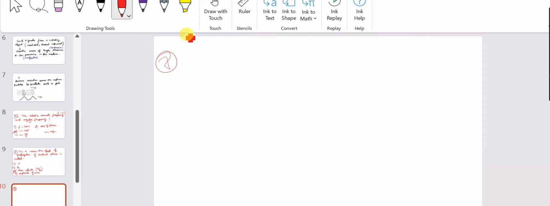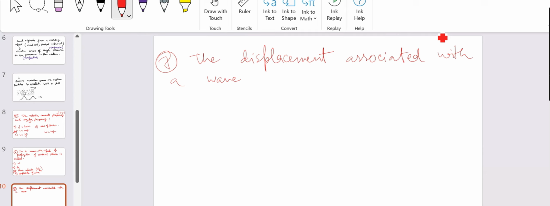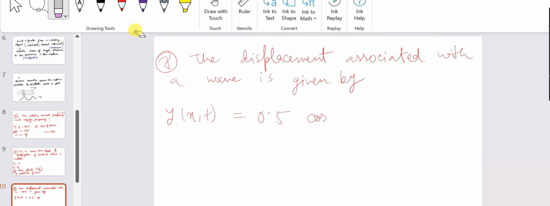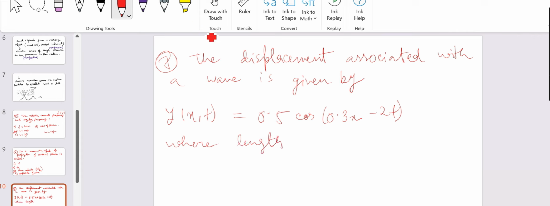Question 7: the displacement associated with a wave is given by y(x,t) is equal to 0.5 cos(0.3x minus 2t), where length and time are in micrometer and in second respectively.